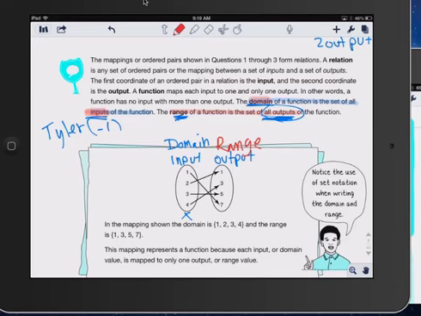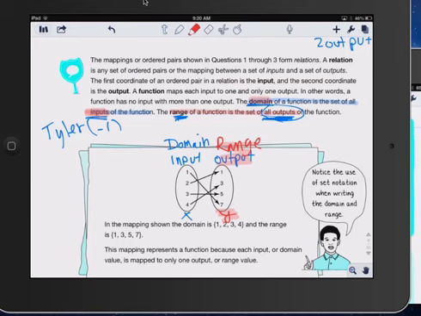Manish is right. It's the Y. Now, stop tapping the table. All of these: range, output, Y all mean the same thing.